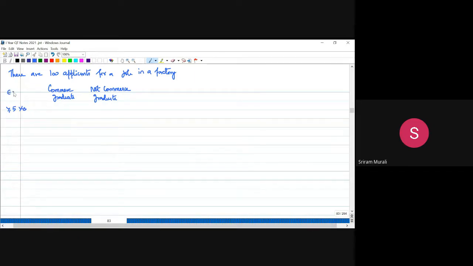Here experience is given for a minimum of 5 years. This is less than 5 years. So the commerce graduate with minimum 5 years experience is 22. Not a commerce graduate, it is 11. It is 38, less than 5 years experienced in a commerce graduate. Here it is 29. This is a tabulated one.